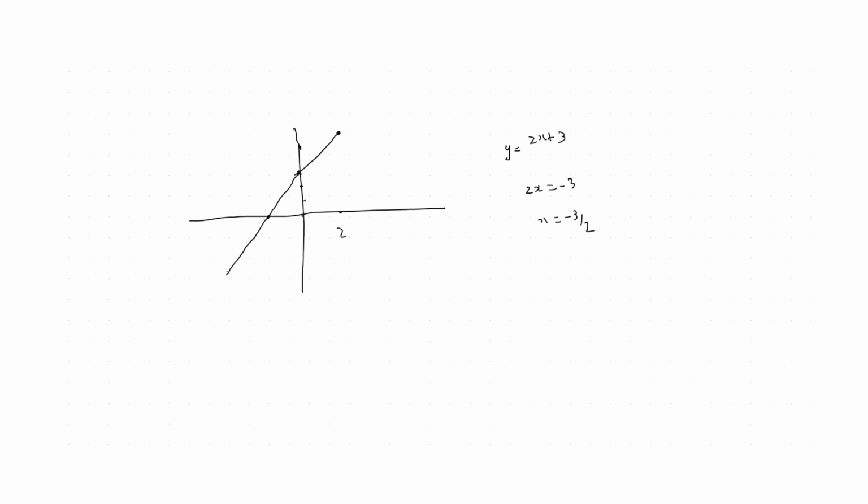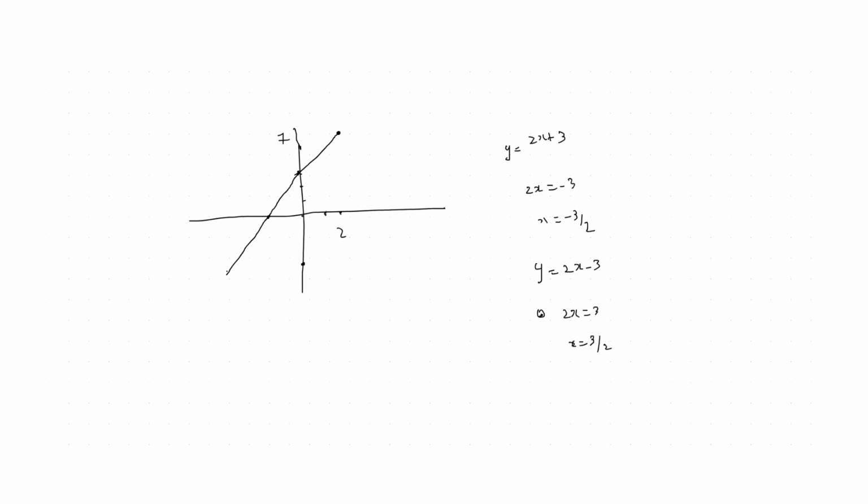Now again y equals 2x minus 3. So x equals 0, y equals minus 3. And y equals 0 means I'll get 2x equals 3, so x equals 3 by 2. So this is my 3 by 2.